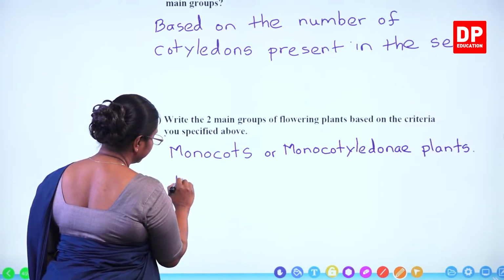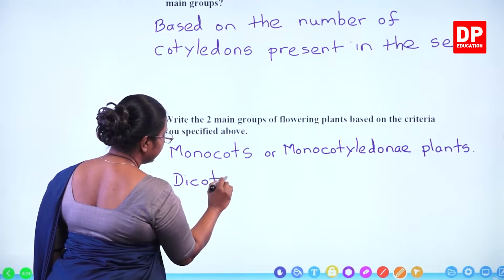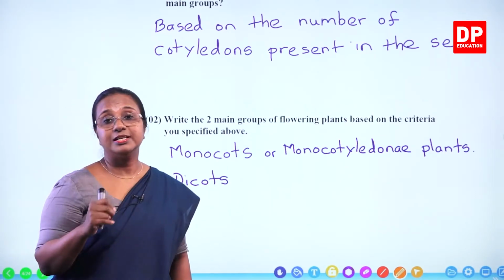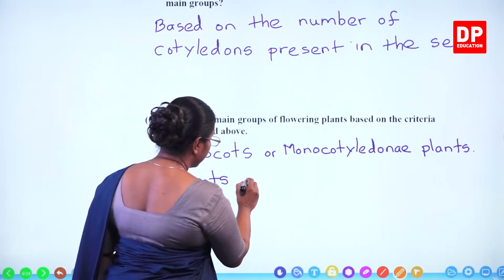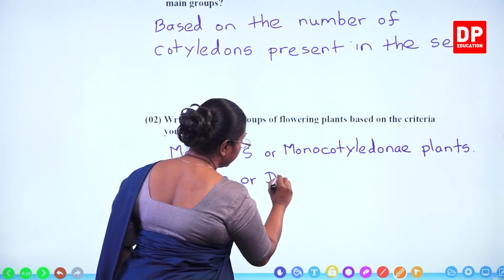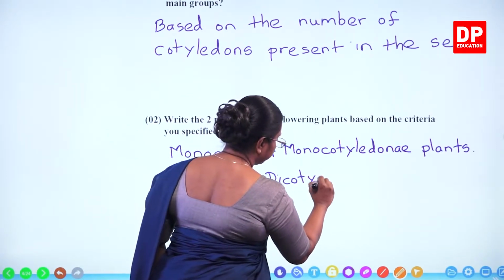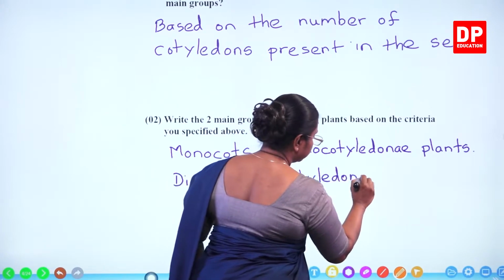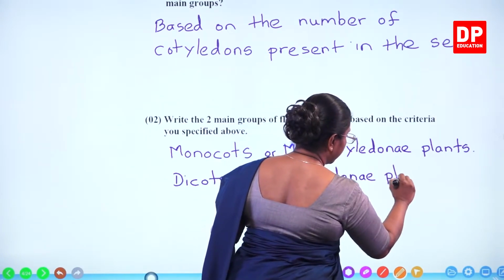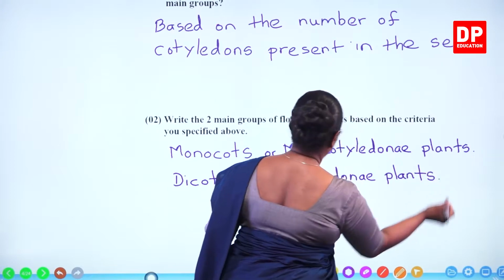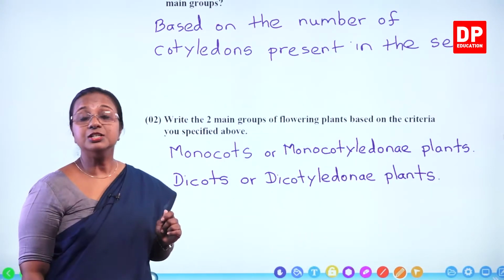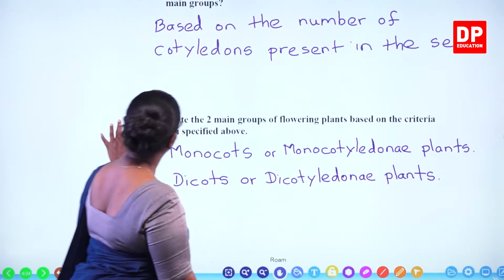Then we have the other one, dicots, that is if there are two cotyledons in the seed. So dicots or dicotyledonous plants. So those are the two questions here.